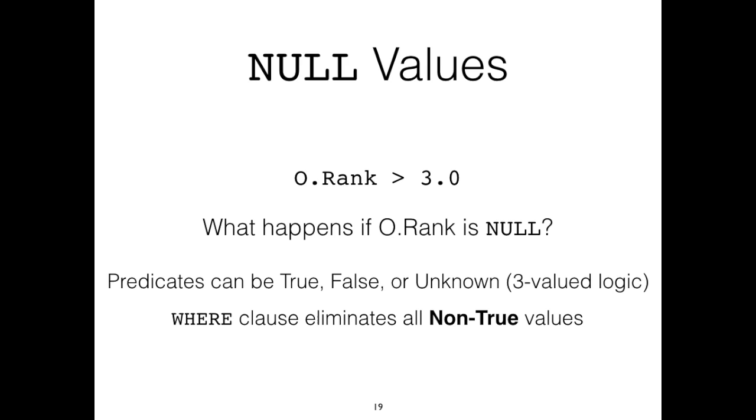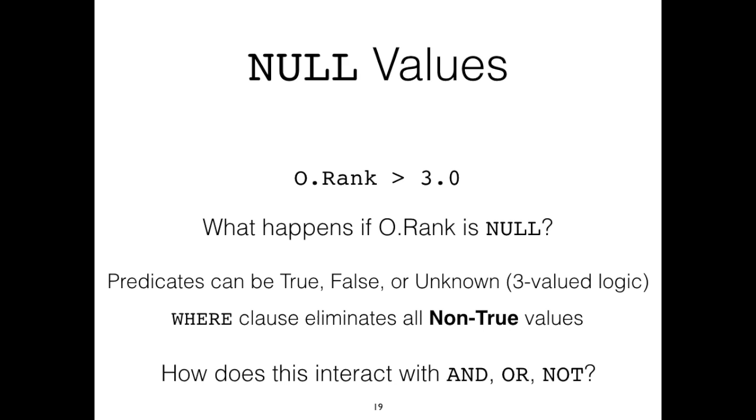And a where clause is going to treat every instance of unknown as no. So the where clause is only going to give you the true values. It's not going to give you false or unknown records. And where this really gets weird is when you start thinking about how it interacts with and, or, and not.